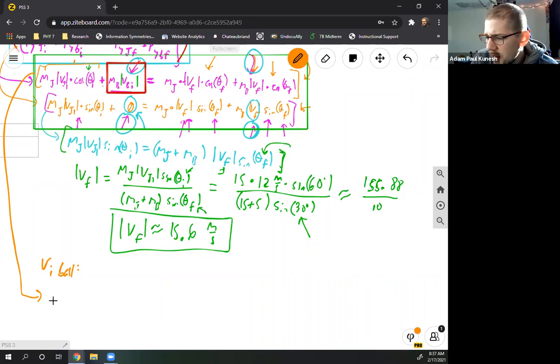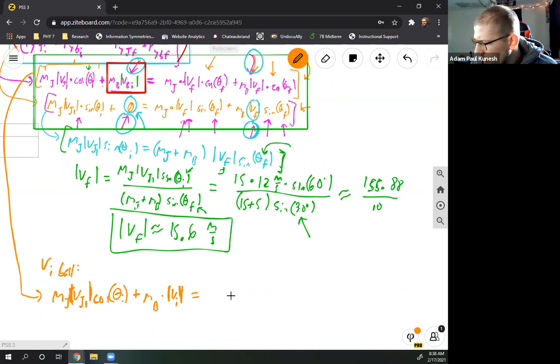It's m_J times magnitude v_J initial times cosine of theta initial for Jersey, plus m of the ball times the initial velocity of the ball. Again, no angle here because the ball only has a horizontal component. This equals, combining like terms, m_J plus m_B, then magnitude v final, which we know the value of now, cosine theta final.